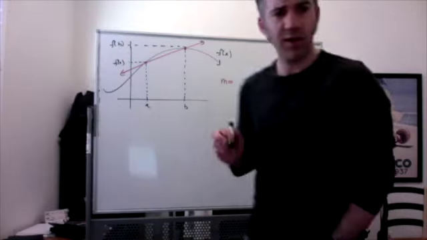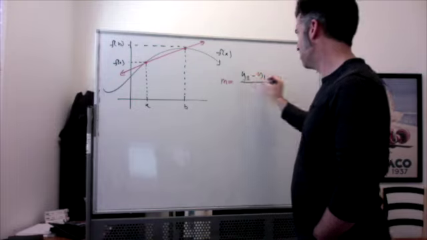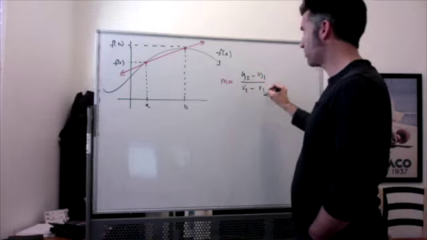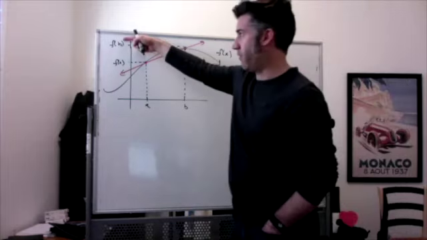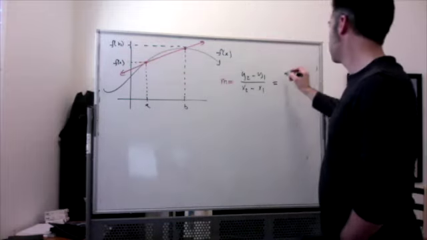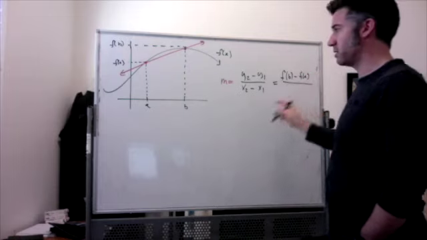And the way we're going to find it, well, we know how to find the slope of a line between 2 points, right? It's going to be the difference in the y's over the difference in the x's. So it's going to be f of b minus f of a over the difference in the x's, b minus a.